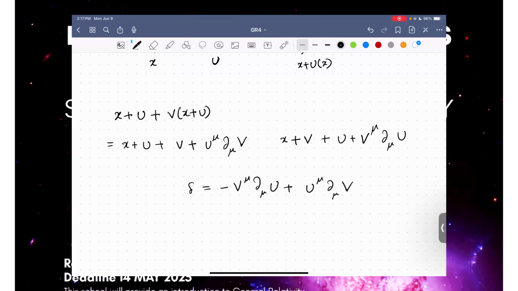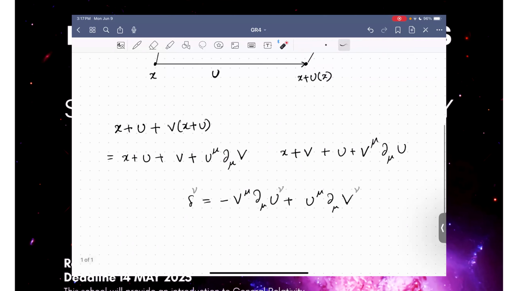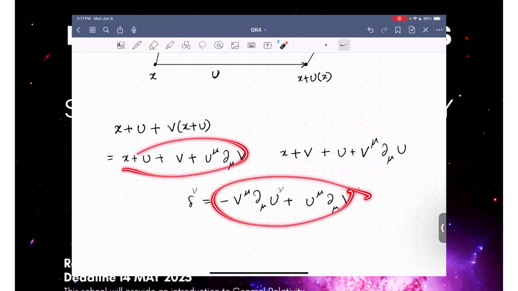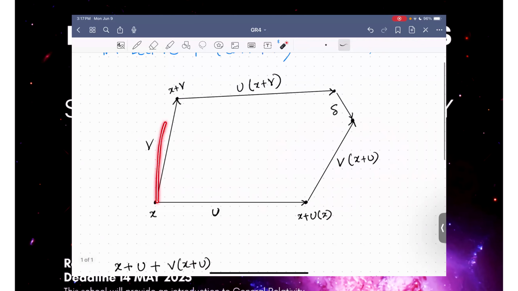Okay. And all of these are vectors, obviously, so I can put indices if I want. All right. So the point is that if you add this and this, you end up with this. Meaning to this path, you add this delta, and then you end up at the same point as this path.